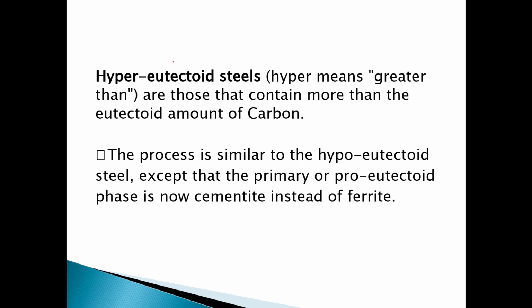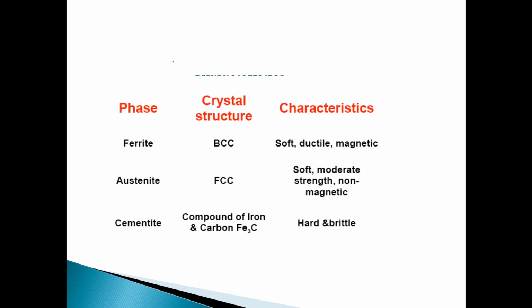Hypereutectoid steels are those that contain more than the eutectoid amount of carbon. The process is similar to hypoeutectoid steel, except that the primary or pro-eutectoid phase is now cementite instead of ferrite. So this is the summary. Phase ferrite, we have BCC structure, characteristics soft, ductile, and magnetic.